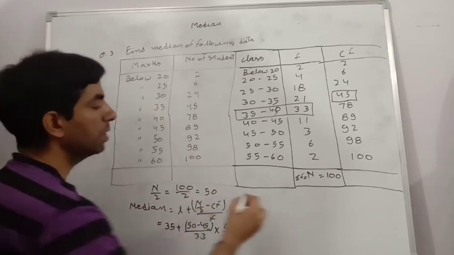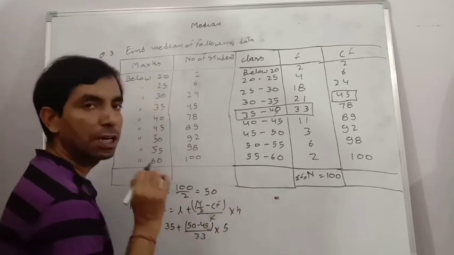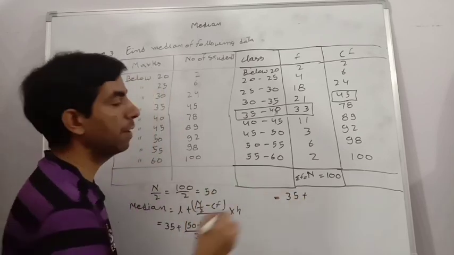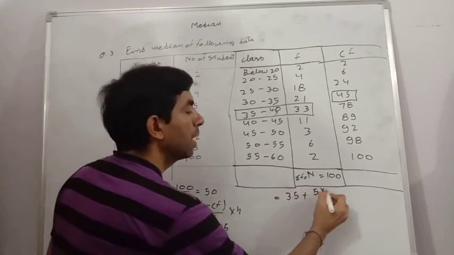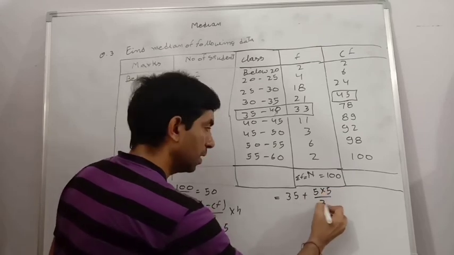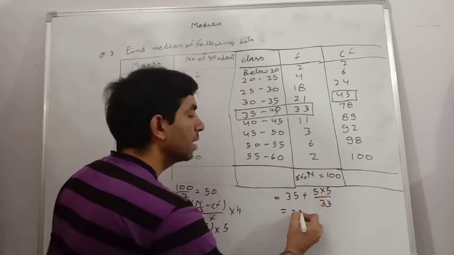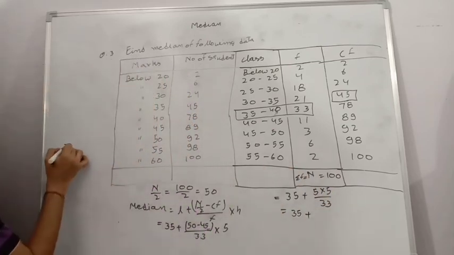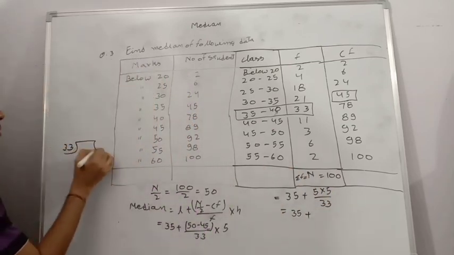So calculating it, we get 35 as it is, plus 50 minus 45 is 5, multiplied by 5 upon 33. We get 35 plus 5 fives are 25, so we have to divide 25 by 33.